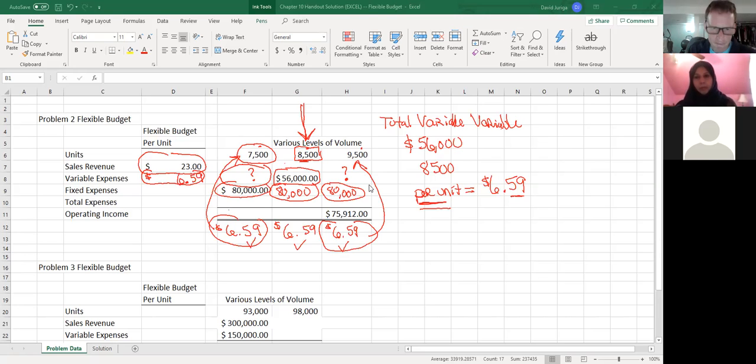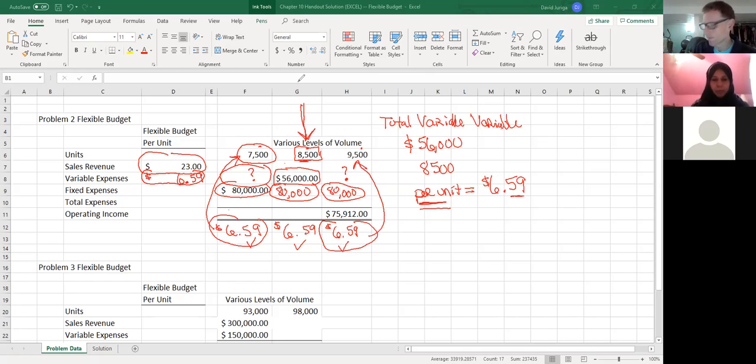So to go back, the key is, if you were on a test or a quiz and you're getting nervous, and you're asked to do anything about a flexible budget or contribution margin, you need to think about, first of all, what do they give you in the problem? But you're most likely going to need to know your variable costs per unit, whether they give it to you or not.